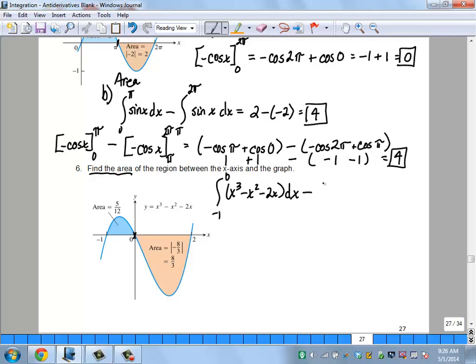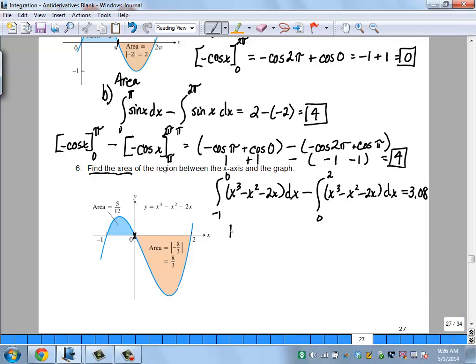And then we're going to subtract the integral from 0 to 2 of x cubed minus x squared minus 2x dx. And when you do that and put it in your calculator, you're going to get 3.08. So we negated this because we know this is negative, and you want to add them together to find the area. They didn't ask us to evaluate it.